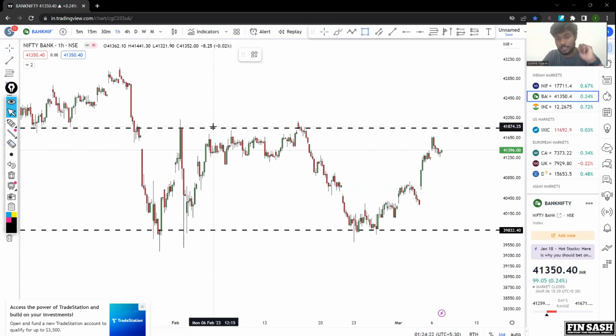And another quick point, never ever draw lines for your support and resistance. This took me a long time to understand. Never ever use lines for drawing support and resistance because you're not that perfect where you can just say that, okay, 41,500 would be pakka support and the market won't go above that or below that.